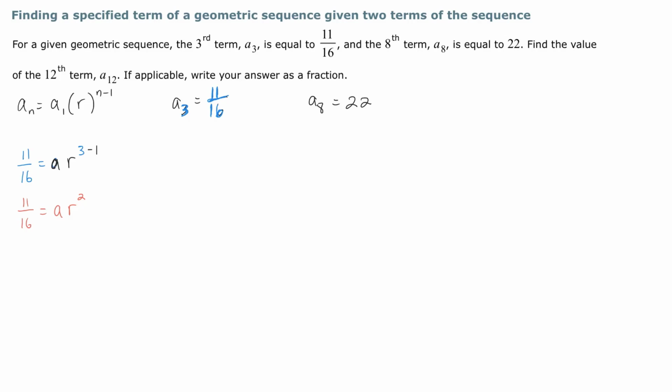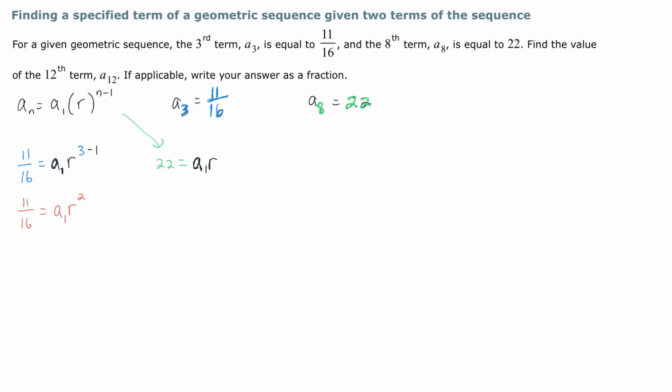We're going to use the other equation as well. Let's use the fact that a sub 8 yields 22. So our output value is 22. And when does this occur? This occurs when a sub 1, which we don't know, is multiplied by r, which we don't know.